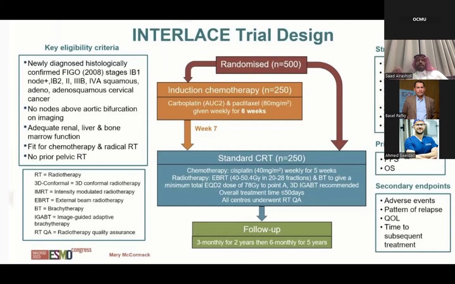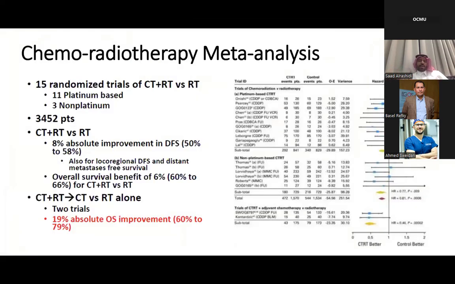If you do CCRT, what's the expected overall survival? You say 60%, perhaps up to 70%. I would say stick with this number. This is with the CCRT. Now, with the new things, maybe there is a little bit of an increase. It's sitting around 75 or 80%. So the overall survival has improved.